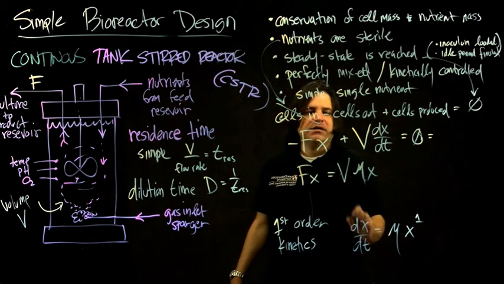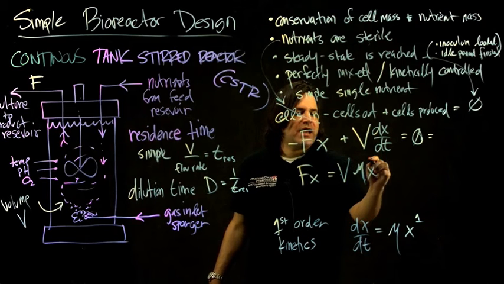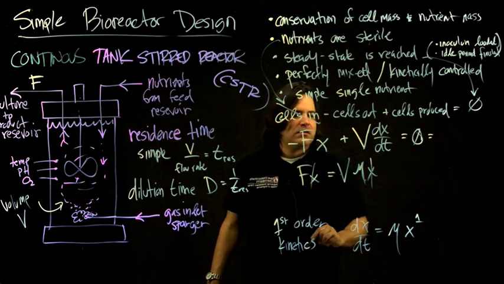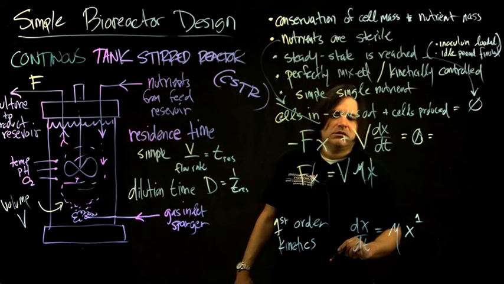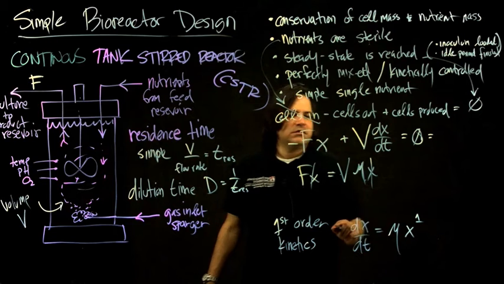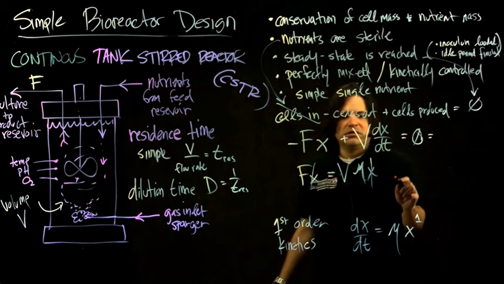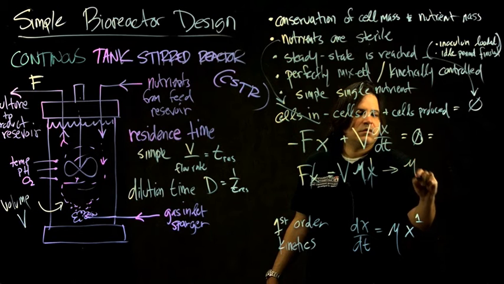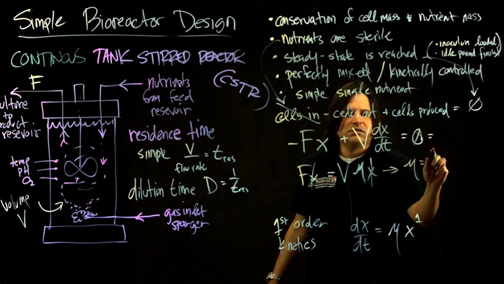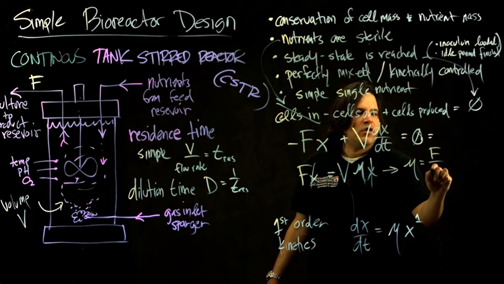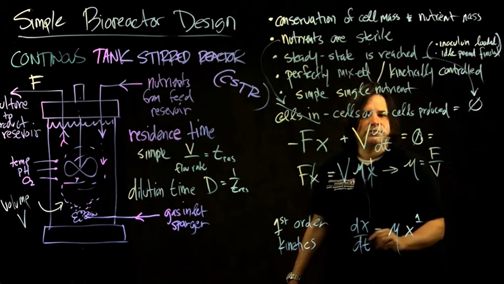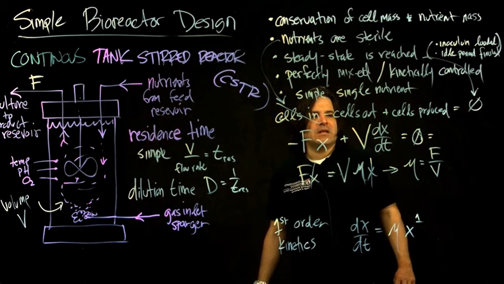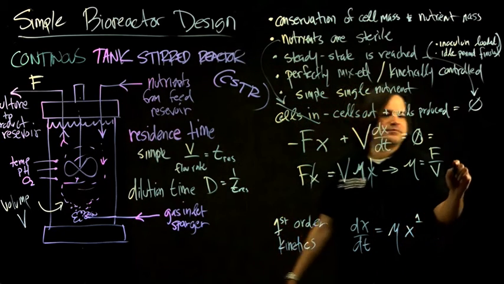That simplifies this, so the concentration drops off. Then if we take the ratio to isolate mu, mu equals the ratio of the volumetric flow rate over the volume. And that is the dilution time.